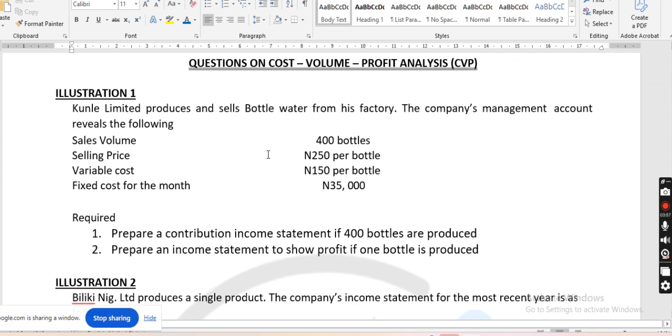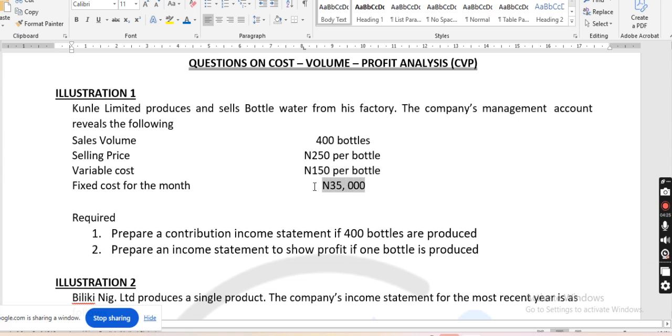Fully Limited produces and sells bottled water from its factory. The company's management account reveals the following. Sales volume, 400 bottles. Selling price, 250 per bottle. Variable cost, this is variable cost per unit because it is per one, not total.